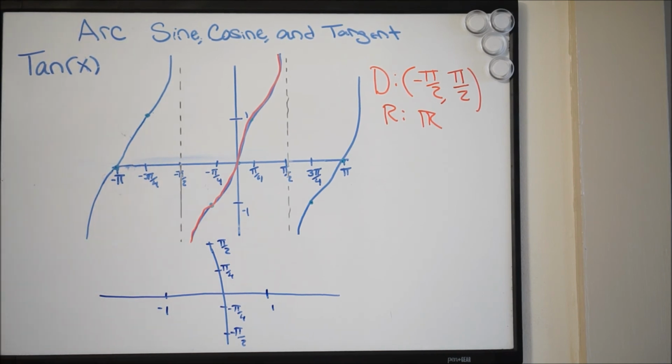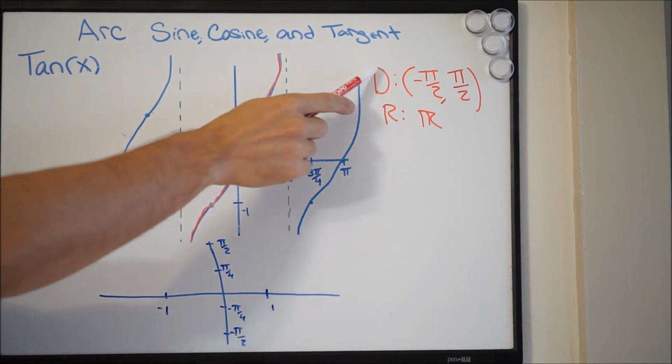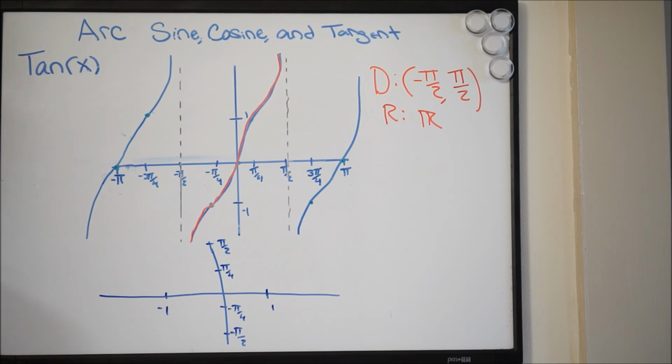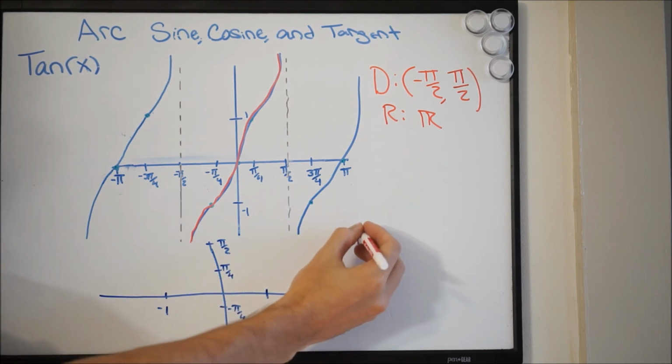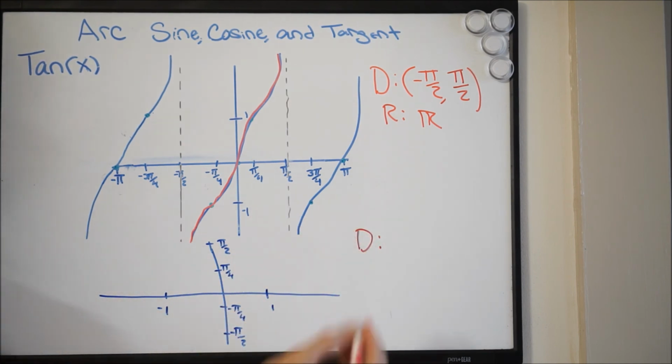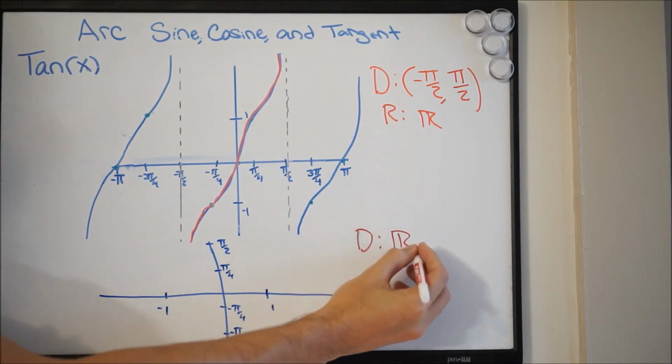Now, let's go ahead and write our domain and range for our new inverse. So again, since the x became the y and the y became the x, these just get flipped. Our domain here is going to be all real numbers.